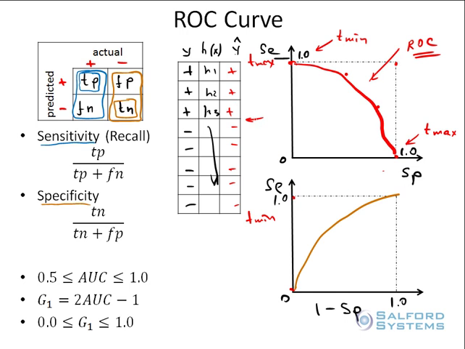As I keep lowering my threshold beyond this point, I'll start losing some of the correct assignments to my minus group. So to make the long story short, in the case of an ideal classifier, you're going to have an ROC curve that looks like this.